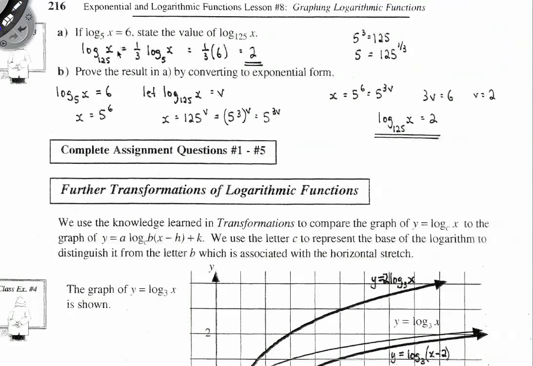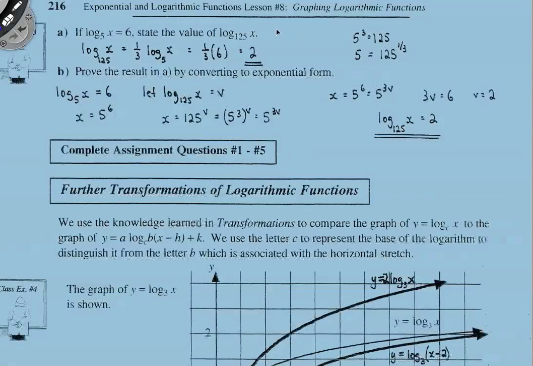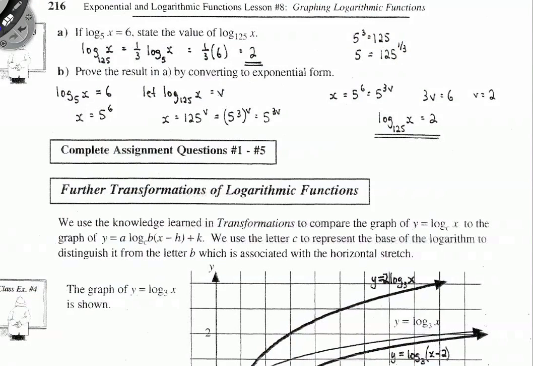All right, so in example 3 here, if log x base 5 is 6, state the value of log x base 125. Well, we can see that 125 is actually 5 to the power of 3.